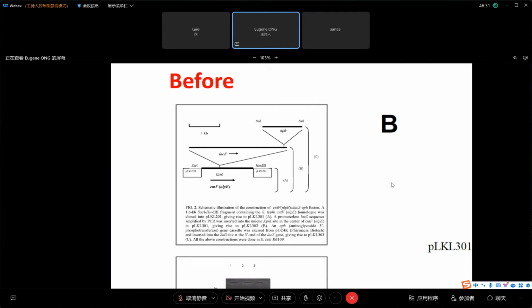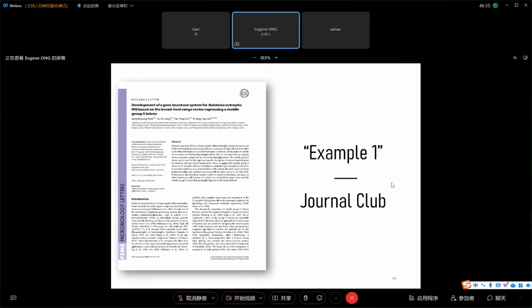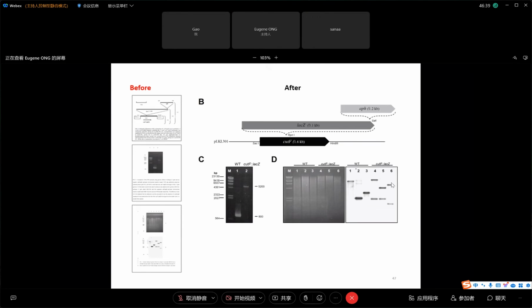Here, LacZ and the cutF gene and this APH1. So this is the same slide.